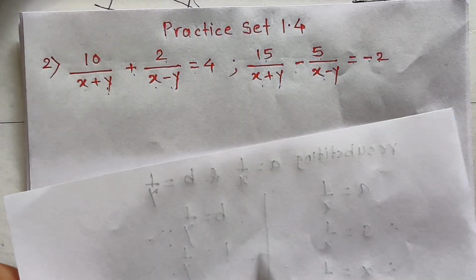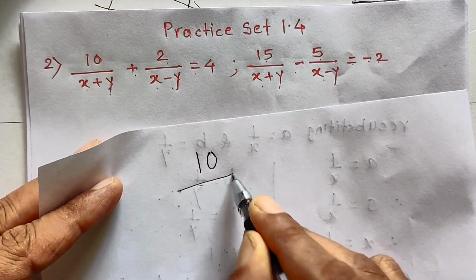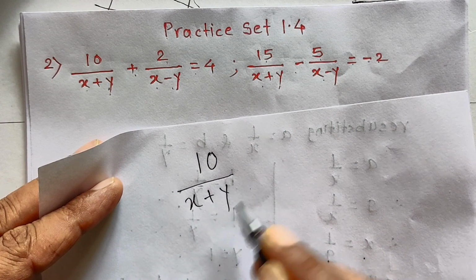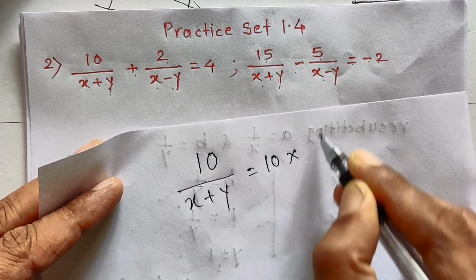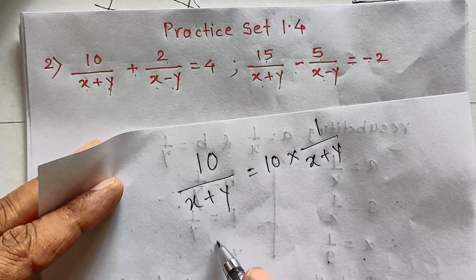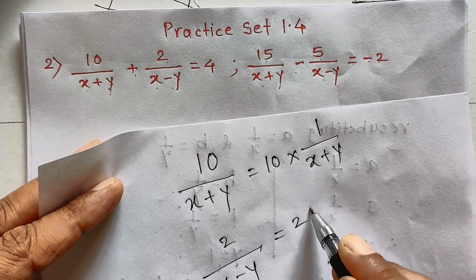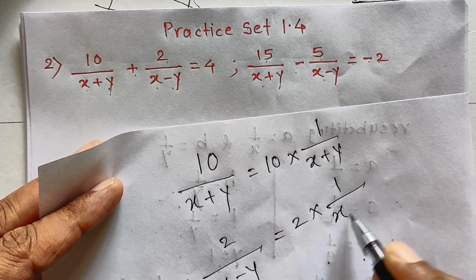This 10 upon x plus y means 10 multiplied by 1 upon x plus y, and this 2 upon x minus y is nothing but 2 into 1 upon x minus y.